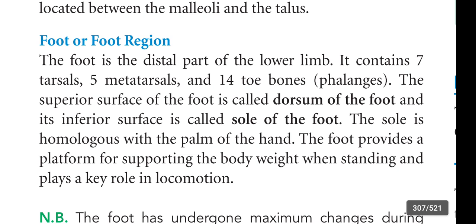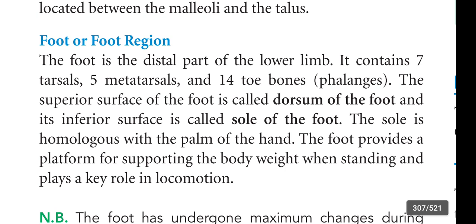The superior surface of the foot is called the dorsum of the foot and its inferior surface is called the sole of the foot. The sole is homologous with the palm of the hand. The foot provides a platform for supporting the body weight when standing and plays a key role in locomotion.